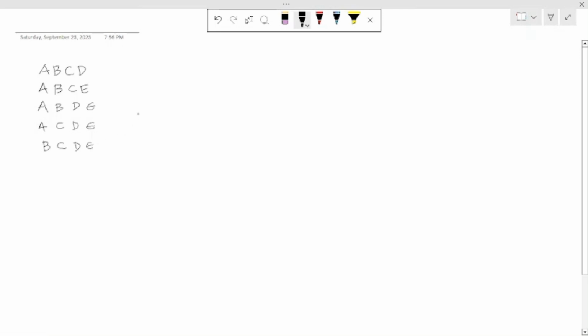So we end up with 5 samples basically, because when we apply the 5C4 formula, that gives us 5 samples.